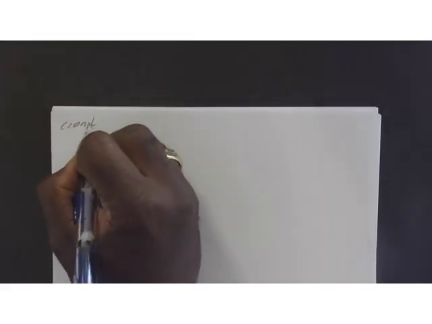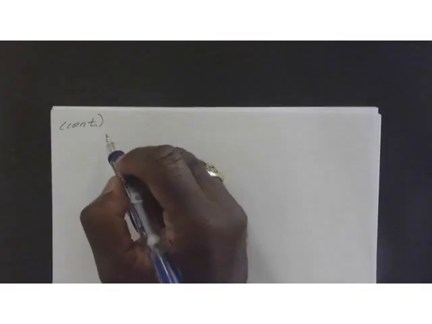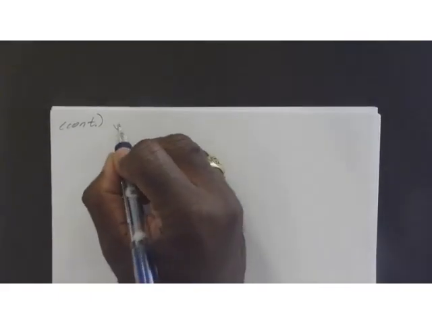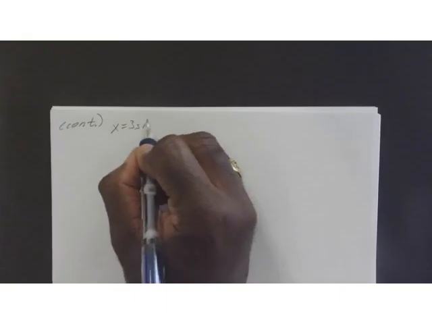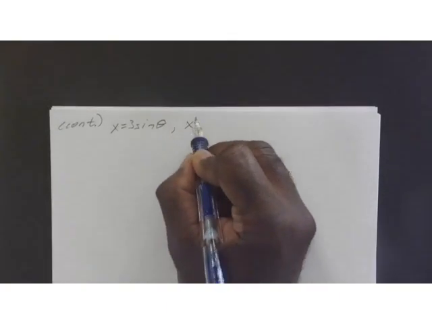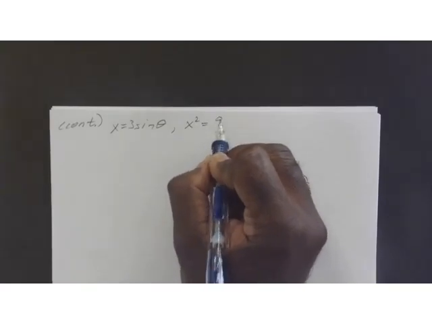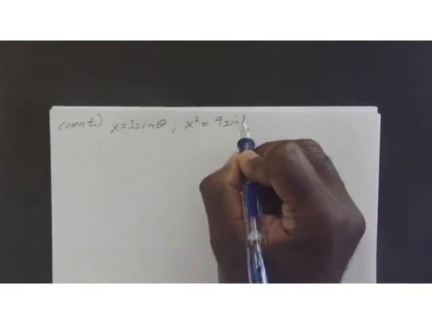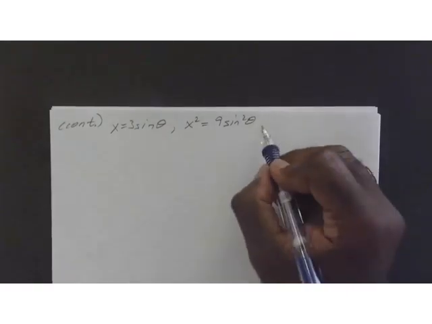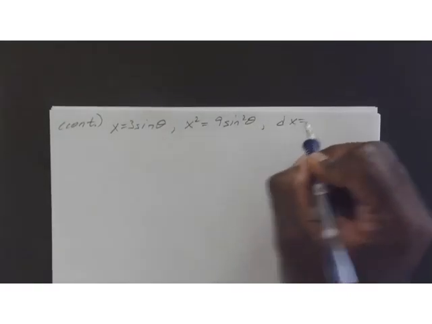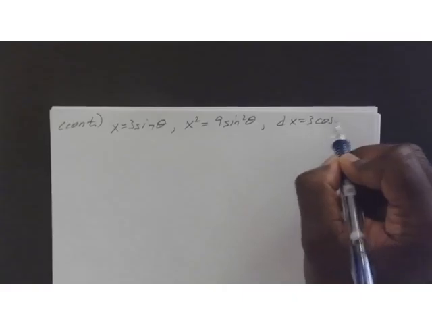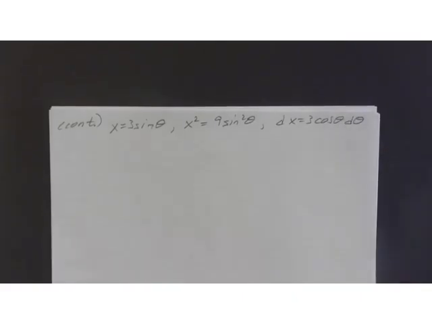Okay. So just writing down where we left off, we have x is equal to 3 times sine of theta. X squared is equal to 9 sine squared of theta. Dx is equal to 3 times cosine of theta with respect to theta.